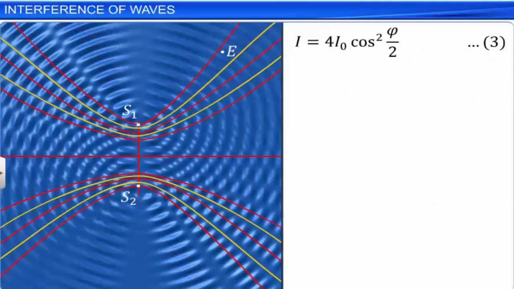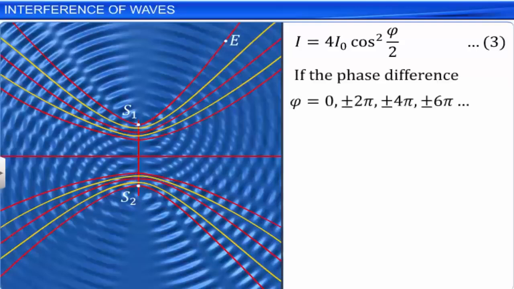If the phase difference phi is equal to 0, or plus or minus 2 pi, or plus or minus 4 pi, and so on, then cos (phi by 2) is 1, and hence I is equal to 4I0. These points represent the interference maxima. This is the general condition for constructive interference in terms of phase difference.